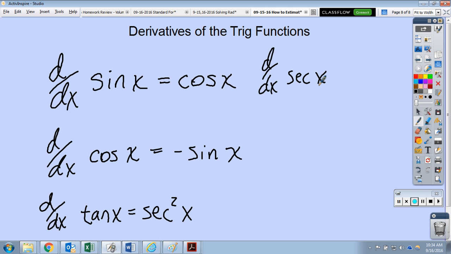The derivative of secant x is equal to secant x tangent x. The derivative of cotangent x is negative cosecant squared x.